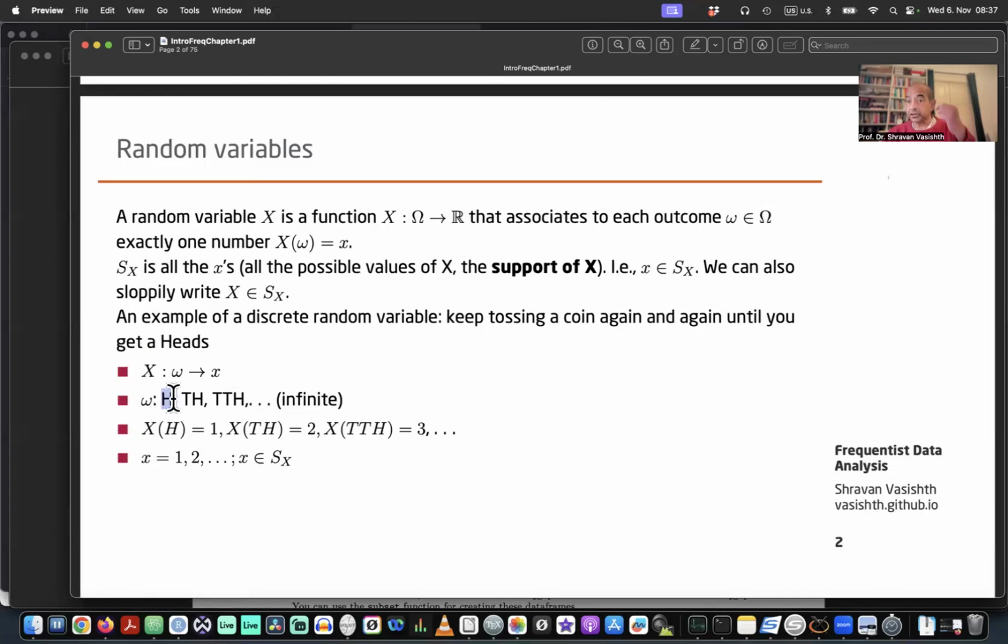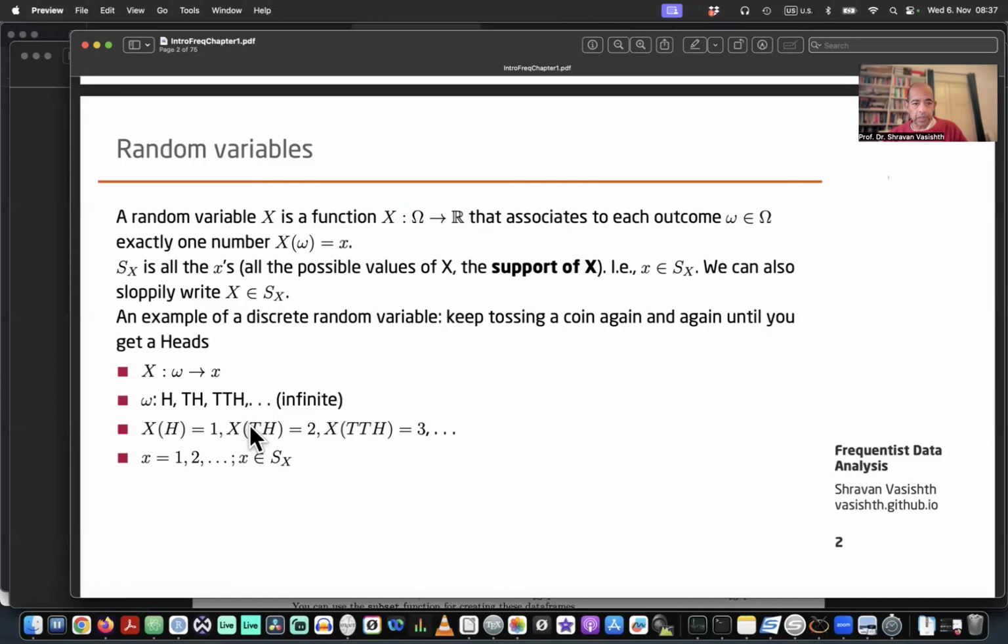You could get a heads right away when you start tossing, or you might have to toss twice before you get a heads, or three times, etc. In theory, you could be in a situation where you have to toss many times until you get a heads. So the actual outcome space would be infinite in principle. So what the mapping is in the random variable: if you get a heads, then the random variable assigns the value 1 to that particular outcome.